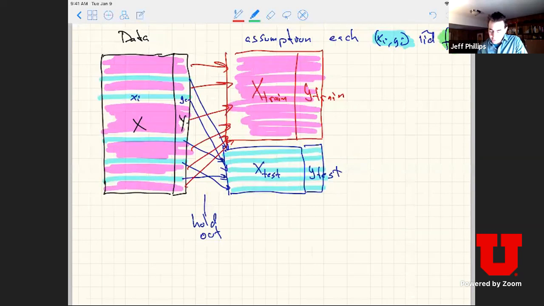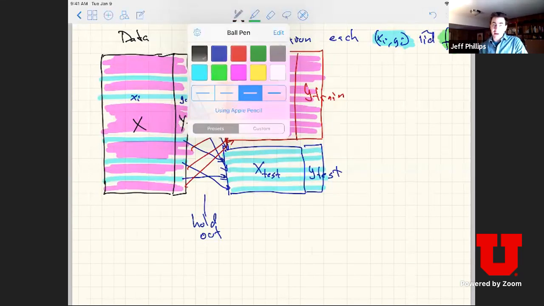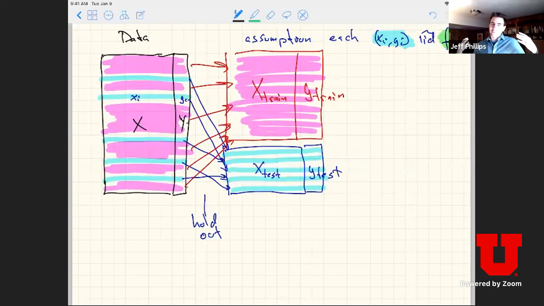So if I get a new data point, then I want my model to do well on a new data point from F that I haven't yet seen. So okay, great. Once I have this, I need to be careful.